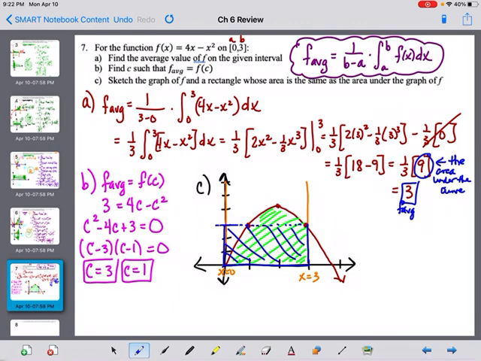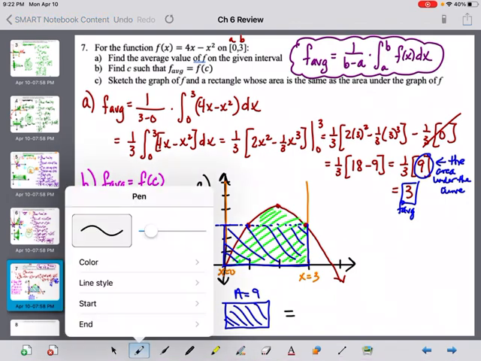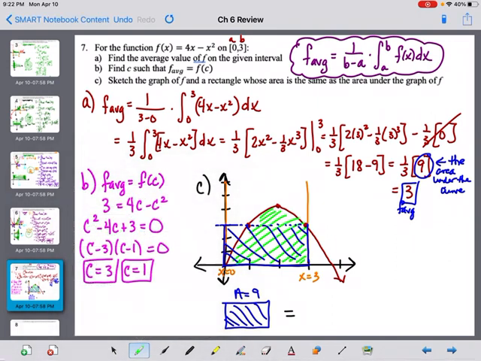That this rectangle has an area of 9, and the area under the curve has an area of 9, and that those two areas are equivalent to each other. So if we want to just kind of draw that out on the bottom here, we're saying that area is 9, and that this is equivalent to what looks kind of like most of a parabola here, that this has an area of 9 as well.